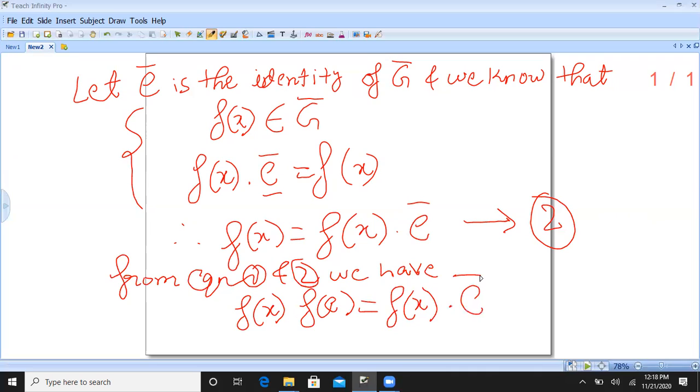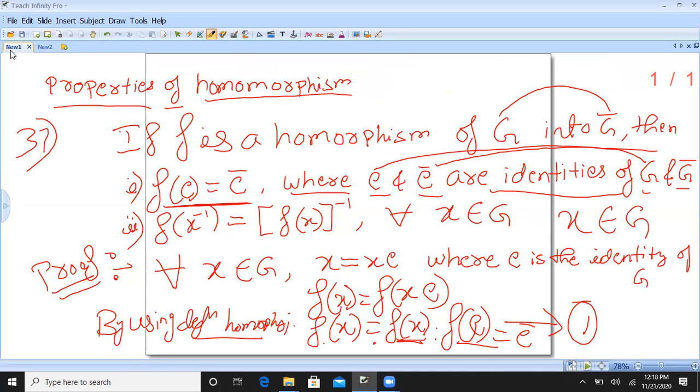Okay, by using these two definitions. In the first equation we had f of x is equal to f of x into f of e.